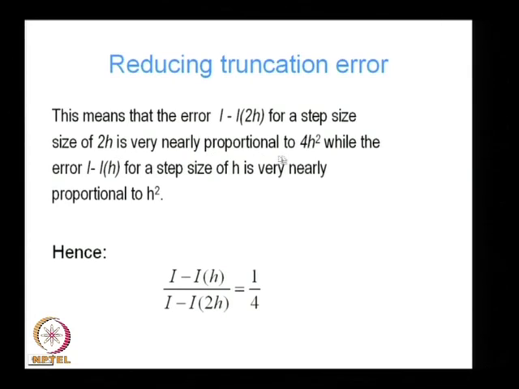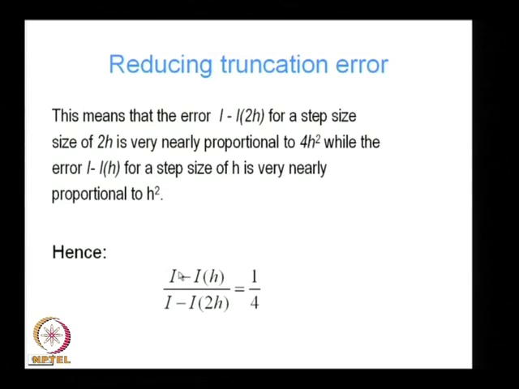So, it is going to be very nearly proportional to 4h square, while if the step size is h, the error between the exact value I and the numerically evaluated value using the trapezoidal rule with a constant step size of h, I minus I of h, is very nearly proportional to h square.